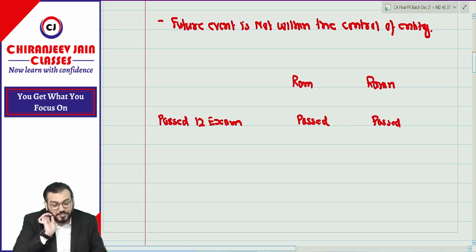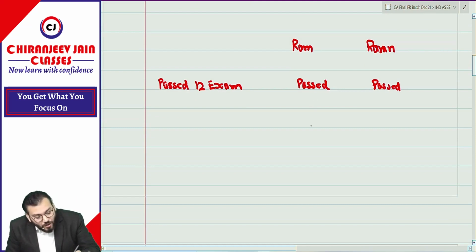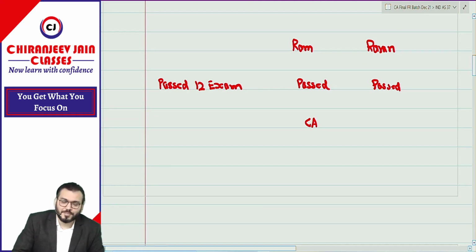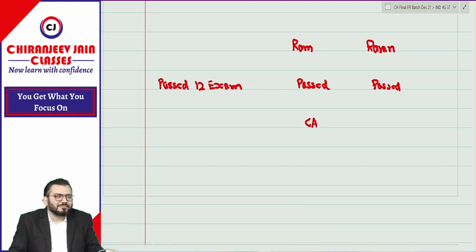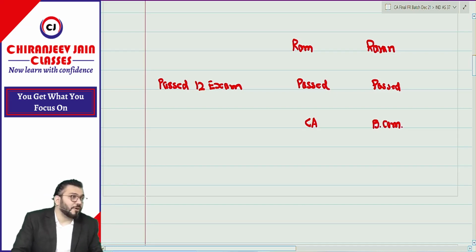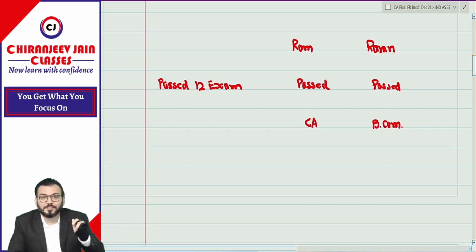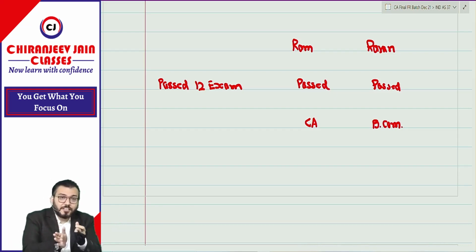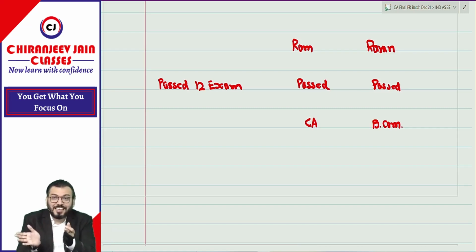So this Ram has opted for CA, and suppose he is not doing BCom. Even though doing, he will not care about BCom. But this Ravan was not interested in CA. He opted for BCom. You know the syllabus, because if you have written the exam of BCom, the total syllabus of BCom first year, second year and third year is more than CA.